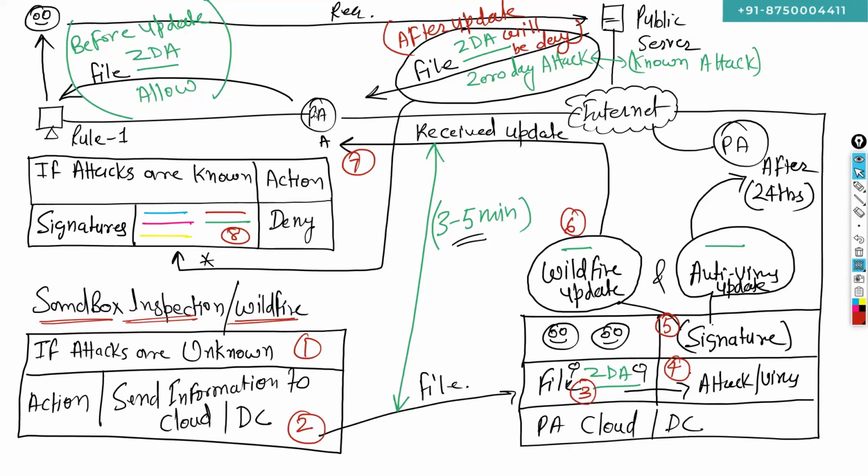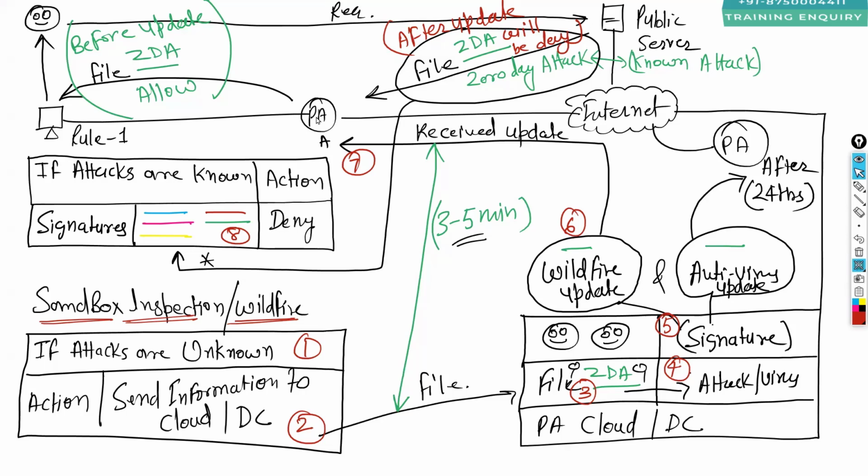In that condition, we need to deploy endpoint protection. Endpoint protection means PC protection. On the PC, we need to deploy an antivirus solution so that if anything is happening internally, it can inspect it, and that solution should be capable of protecting us from known attacks and unknown attacks. Clear?